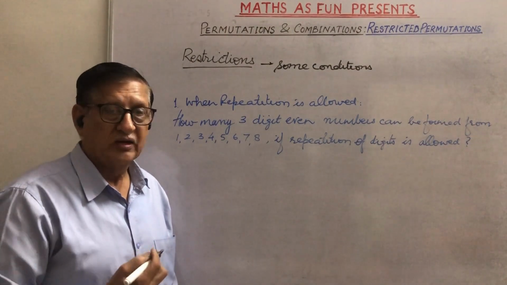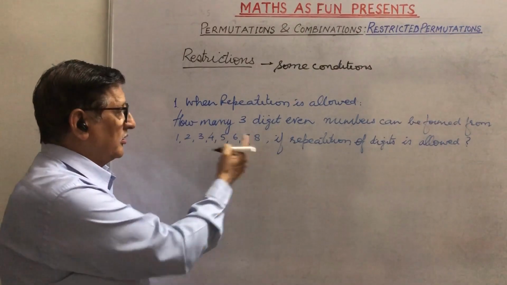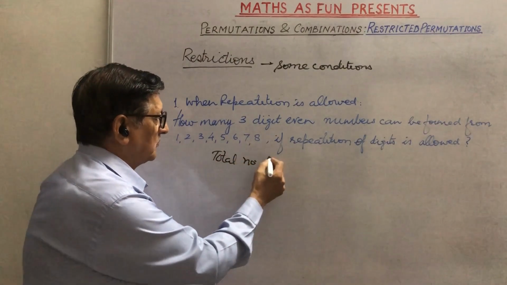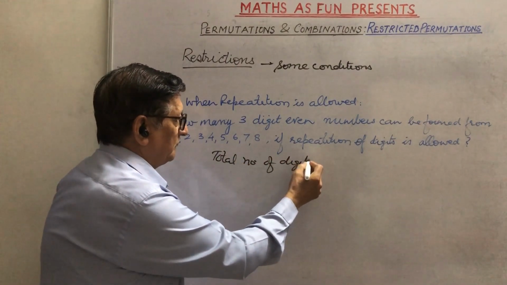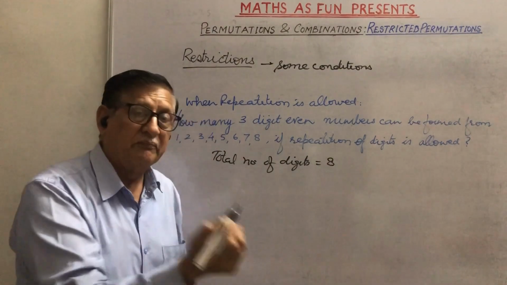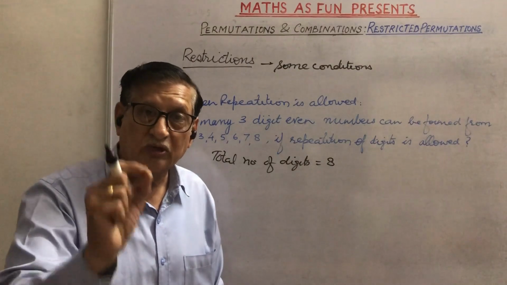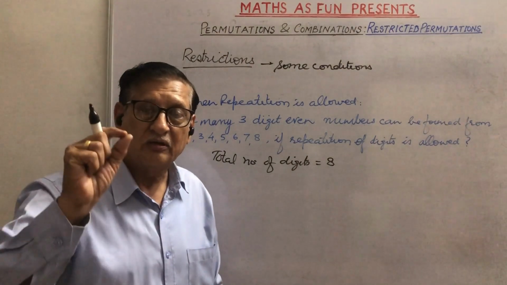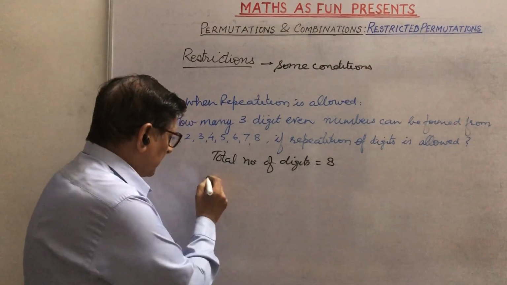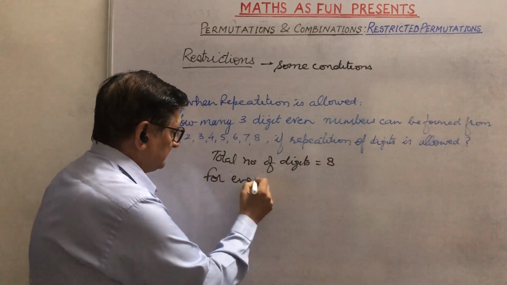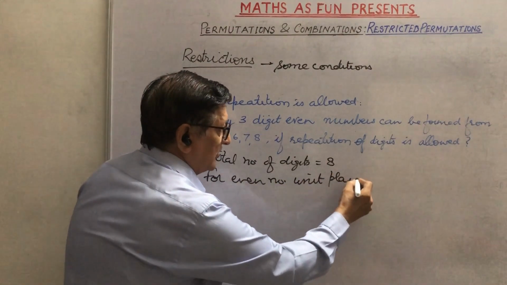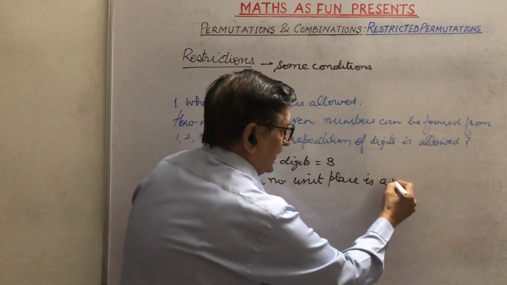What we will do? We know we have been given a total of 8 digits. See, for an even number we know that the unit place is to be filled with a digit which is a multiple of 2.